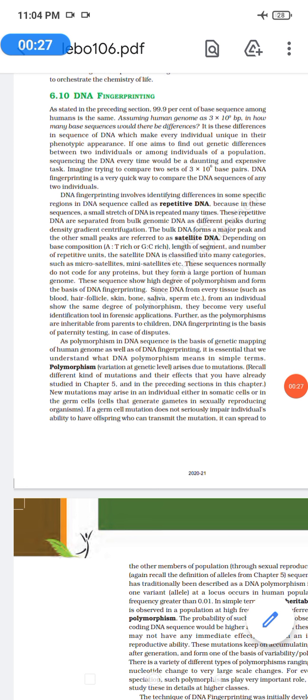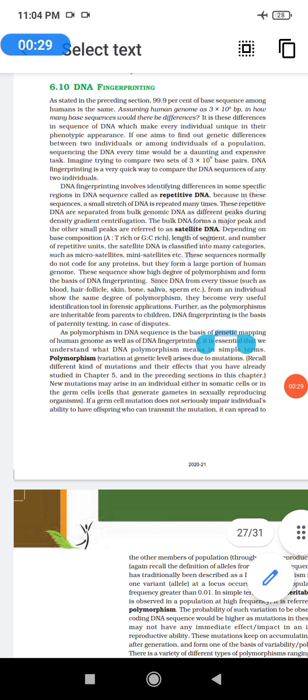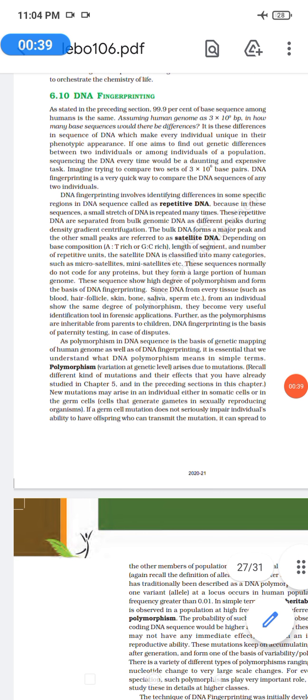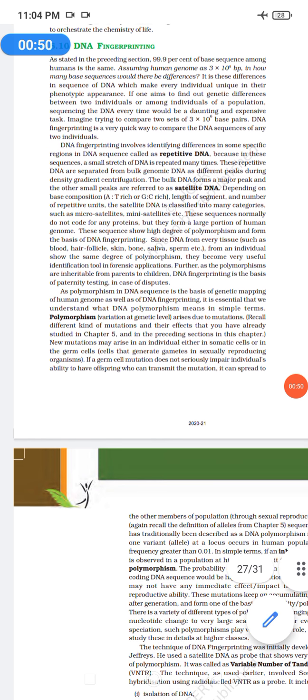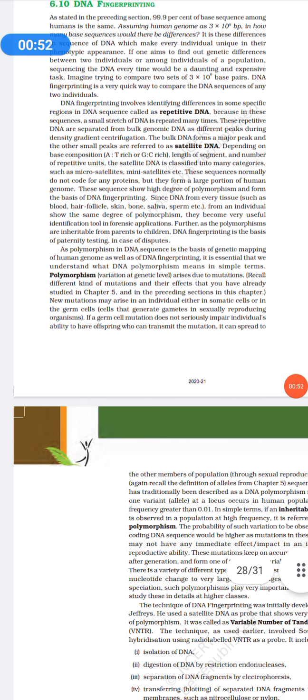These repetitive DNA separate from the bulk genomic DNA and form different peaks during density gradient centrifugation. The bulk DNA forms a major peak and the others form smaller peaks. That is known as satellite DNA.